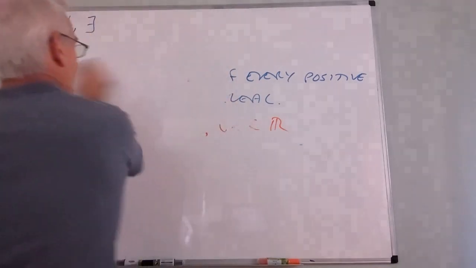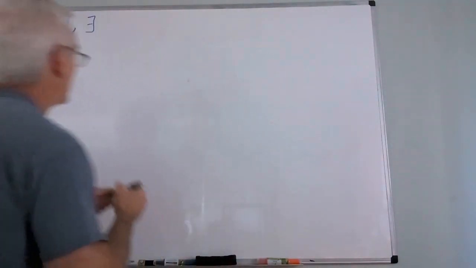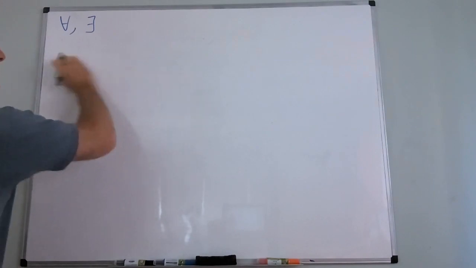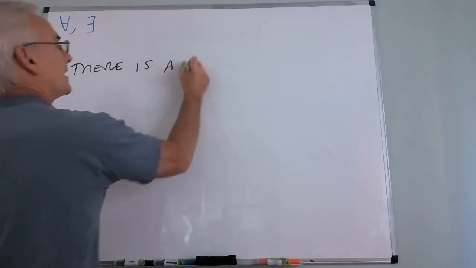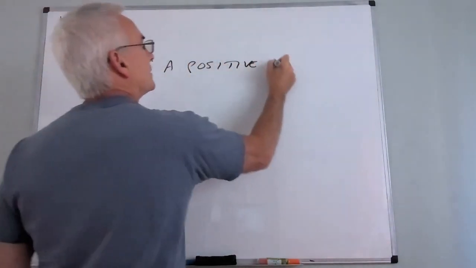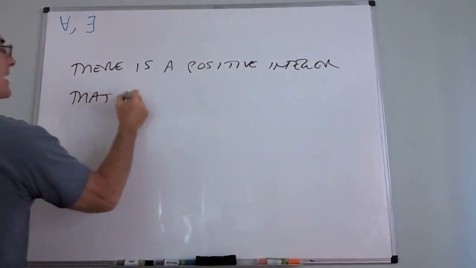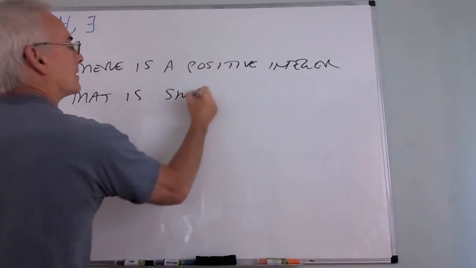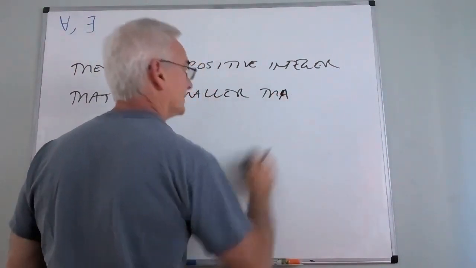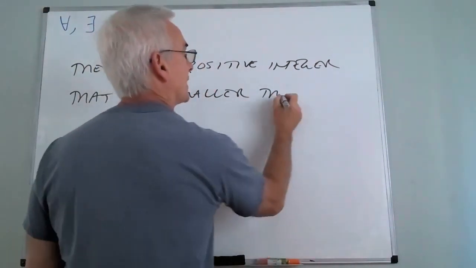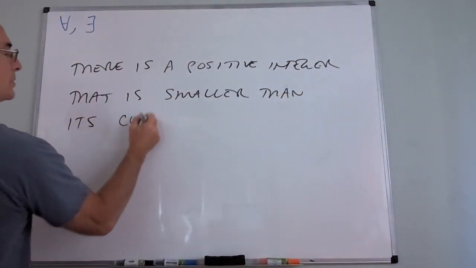All right, now let's try another one. There is a positive integer that is smaller than its cube.